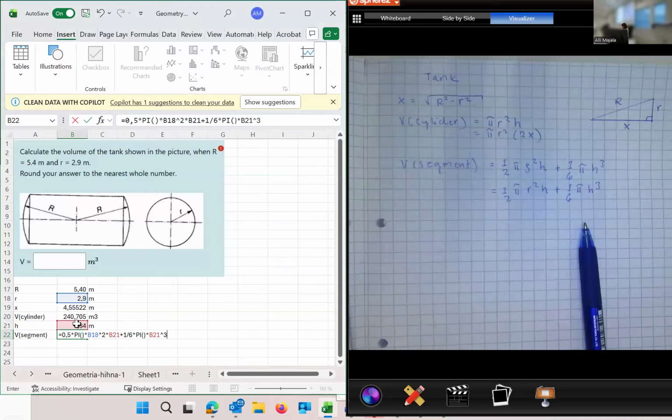And that's how it should go. That's what my equation book tells me.